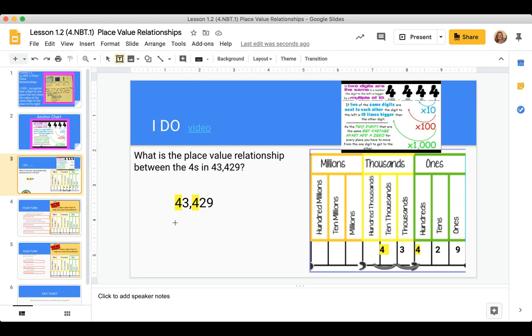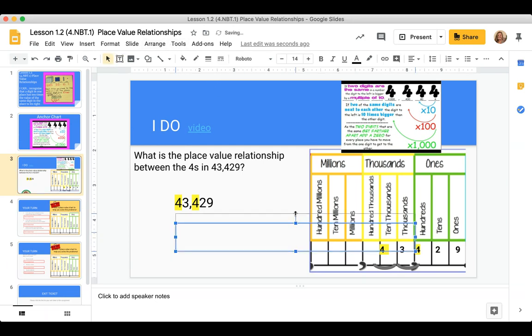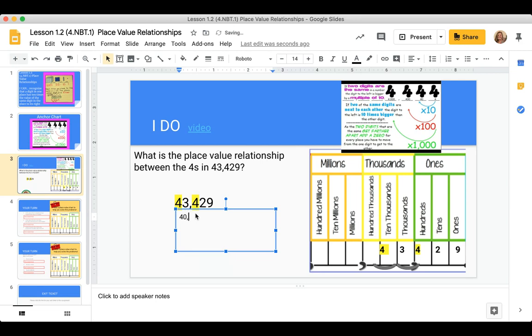Now, if I was going to write the value of these digits out so you could see them, for each digit with its place value, I would have 40,000, 3,000, 400, 20, and 9.